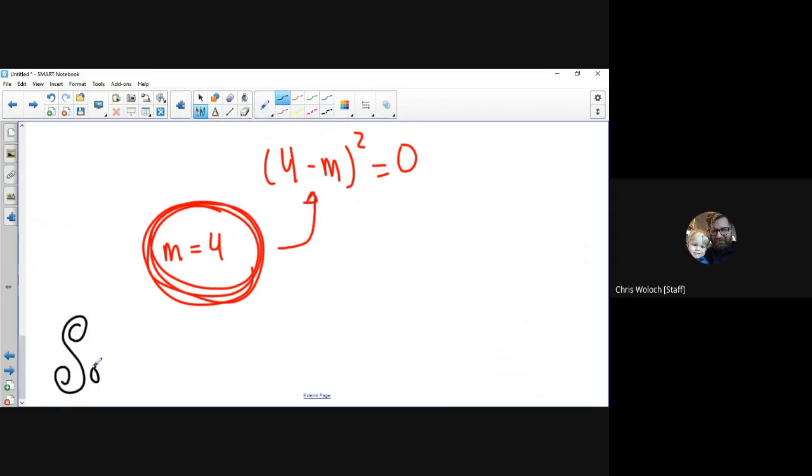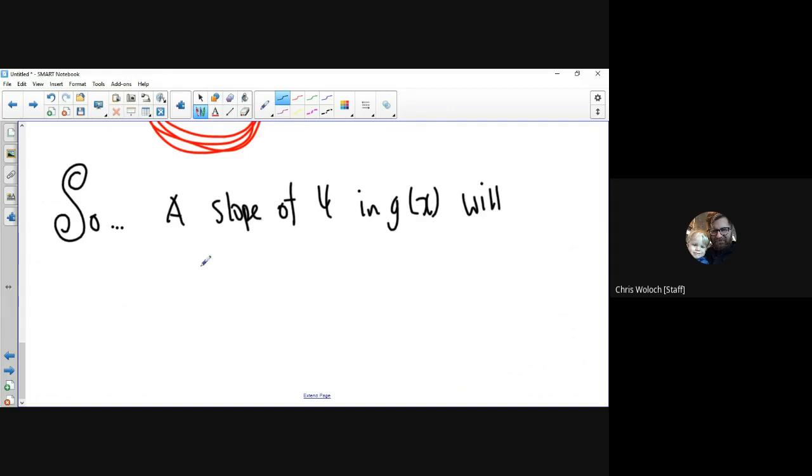So a slope of 4 in g of x will make it a tangent to f of x.